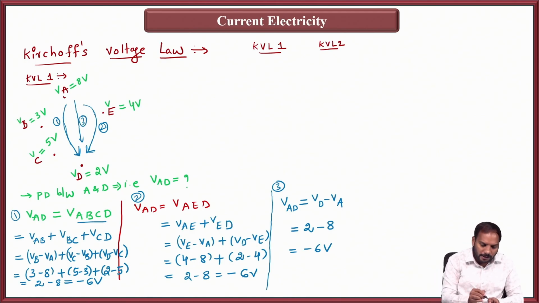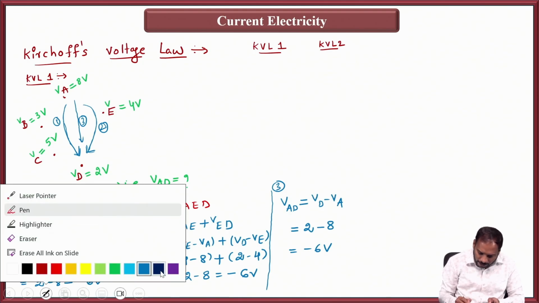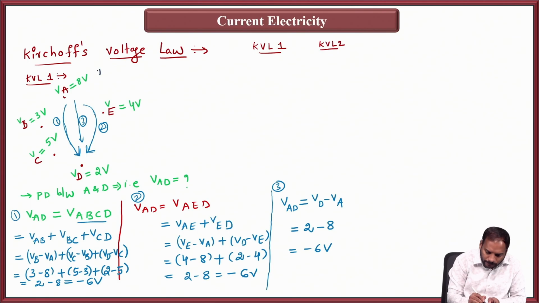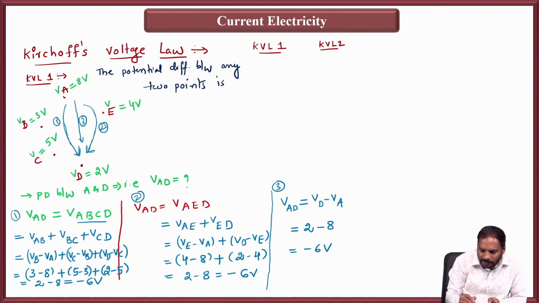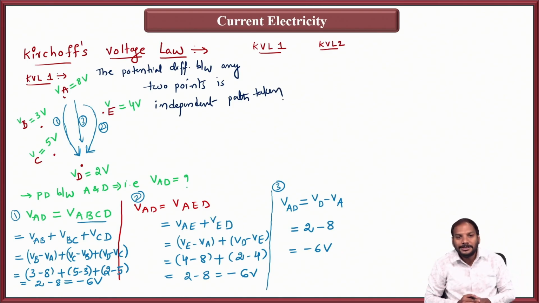Now I will write the definition for KVL1. The definition is very simple: the potential difference between any two points is independent of the path taken.